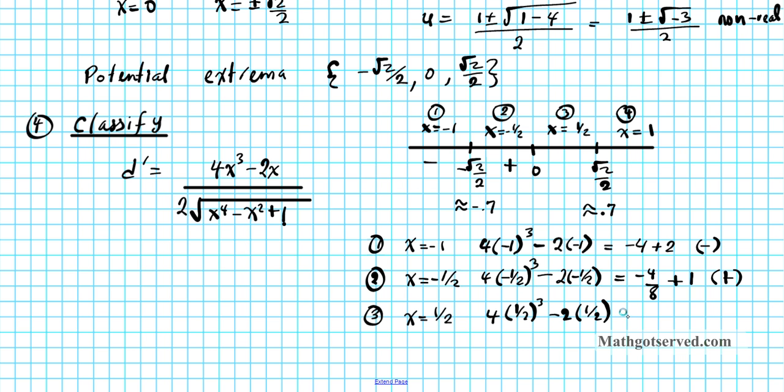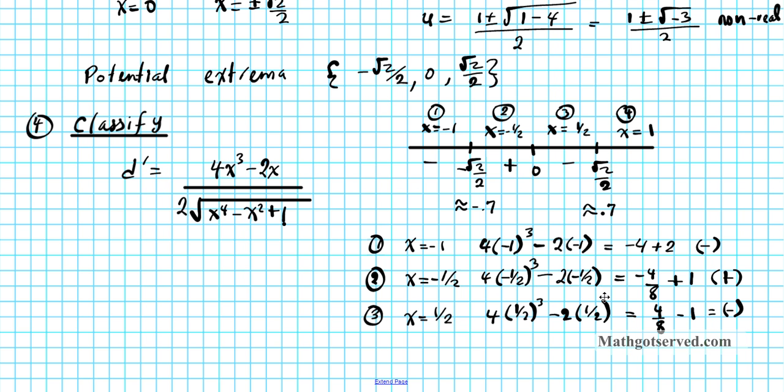In this case, we're going to have 4 over 8, positive this time, and then minus 1. Okay, so this is 1/2 minus 1. Our answer is going to be negative. Alright, so it's negative on the third interval.